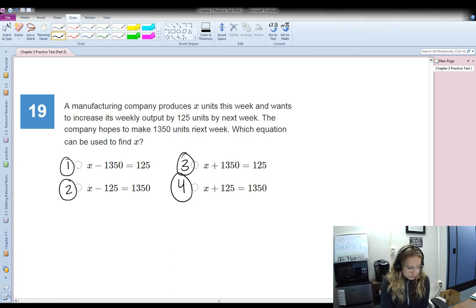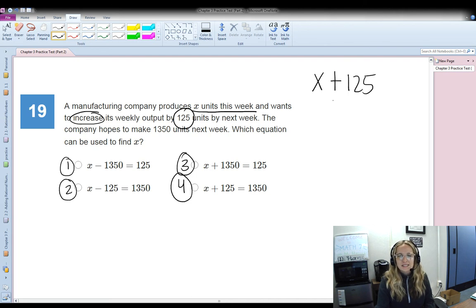Okay, so for this one, it says a manufacturing company produces X units this week and wants to increase its weekly output by 125. Increase, okay? So X units this week. It wants to increase its weekly output by 125. Increase is addition, okay?